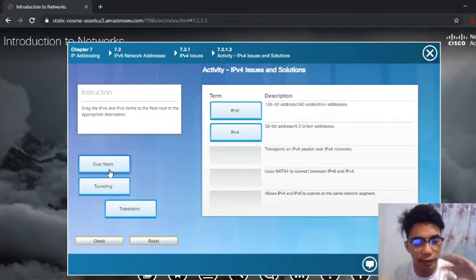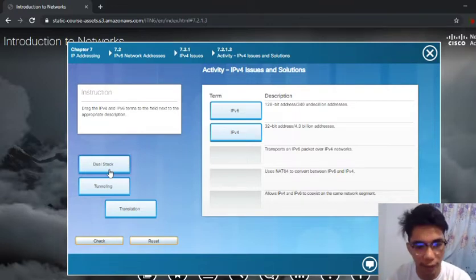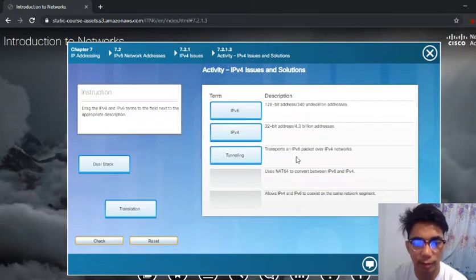The cloud on the left would be IPv6, then the cloud on the right will be IPv4, and as you can see, you can transfer them just like that. That's why they go through the process of tunneling. It is to transport an IPv6 packet over an IPv4 network.